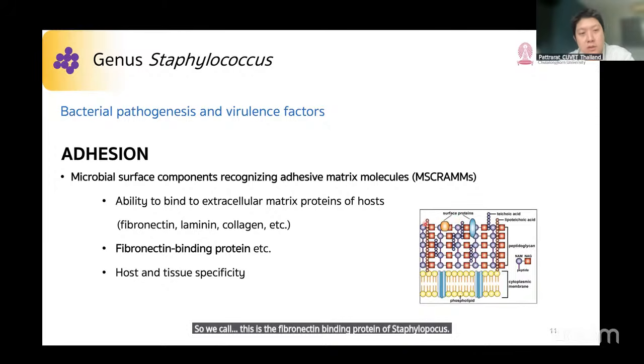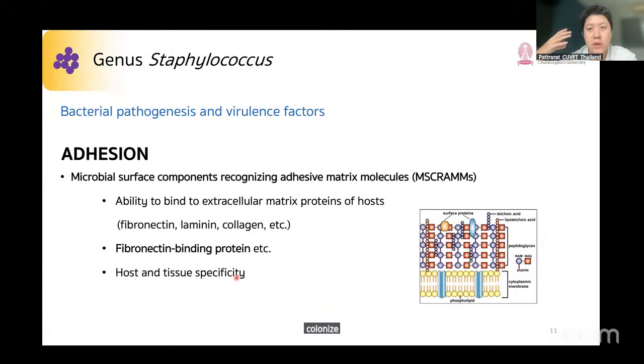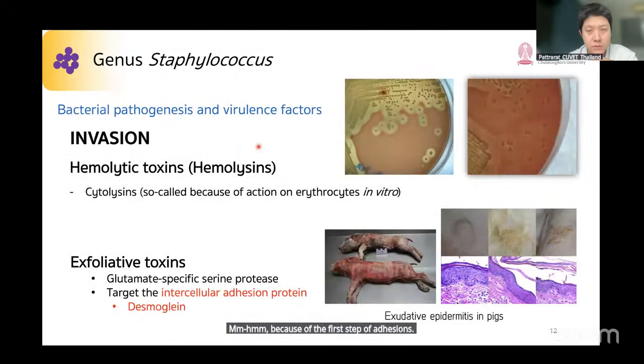This determines the host and tissue specificities, like the lock and key theory. Why can some Staphylococcus attach and colonize only in certain host species? Because of the first step of adhesion.